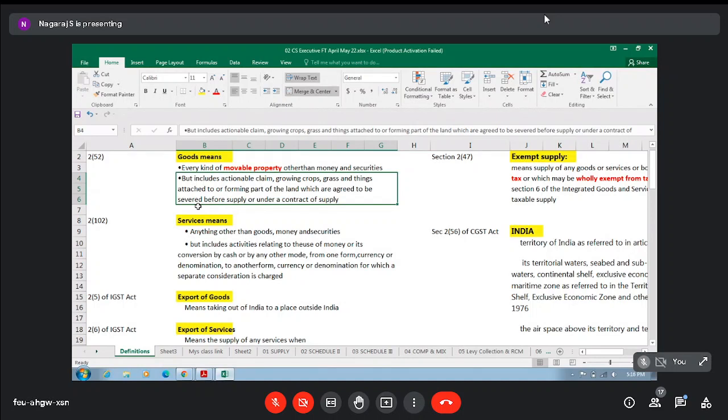That is before severance, before it is cut. Whatever the agreement between you and Ambani, though it is for the agricultural product, it is considered as goods under GST and tax will be levied. Okay, that is the meaning of this.